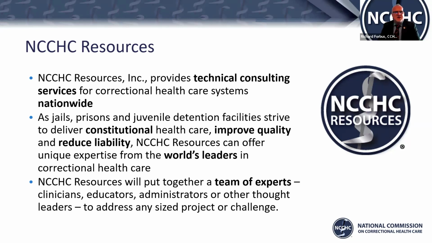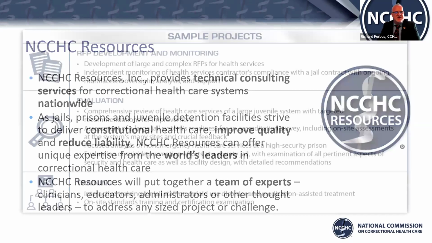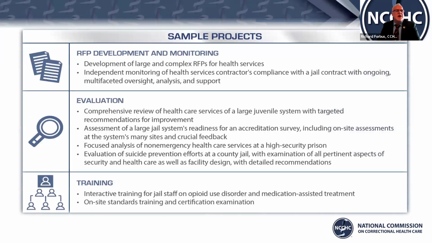We have the same model as our accreditation, where we have a lot of consultants that are experts in the field with different disciplines. Depending on what the client needs, we'll put together a team of experts based on their challenges and what they need for that assessment. Whether that's mental health, custody, medical, and of course, a doctor is always assigned, as we do with any of our organizations or clients.